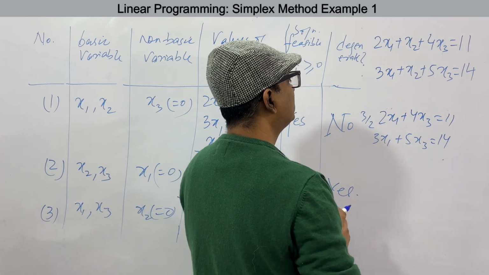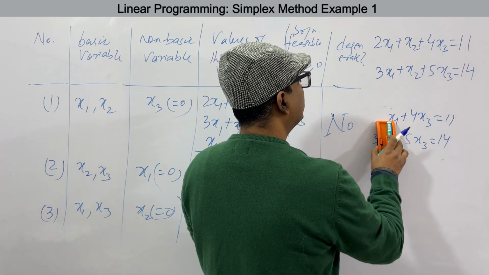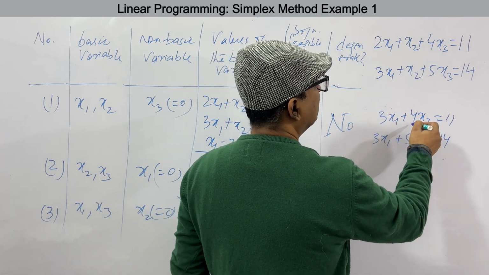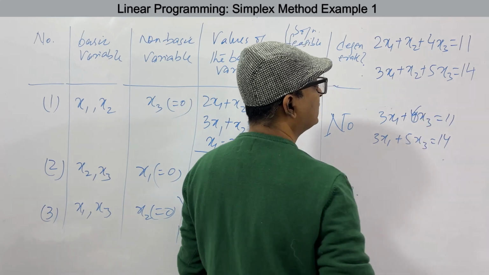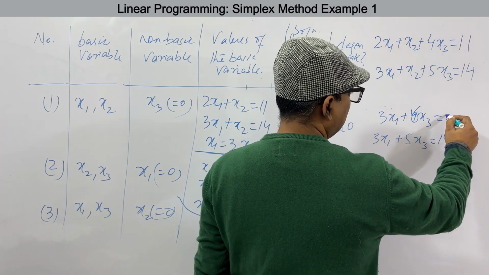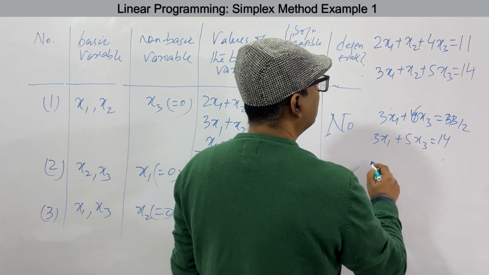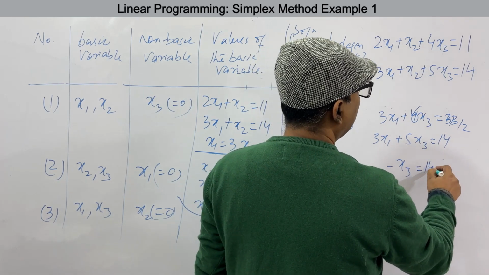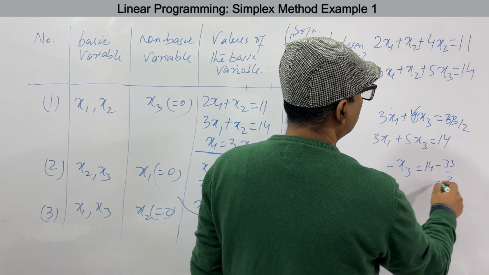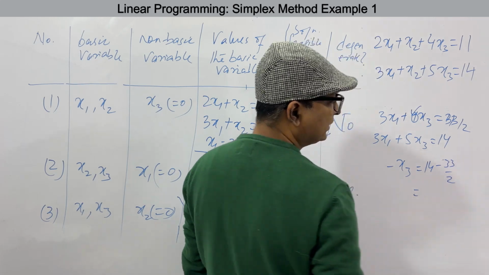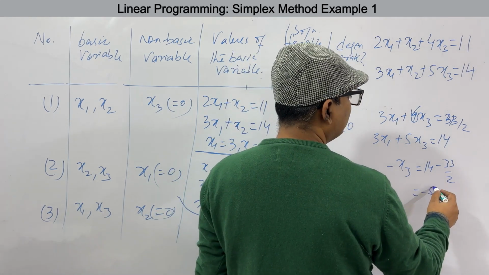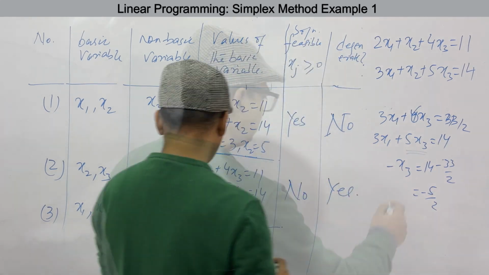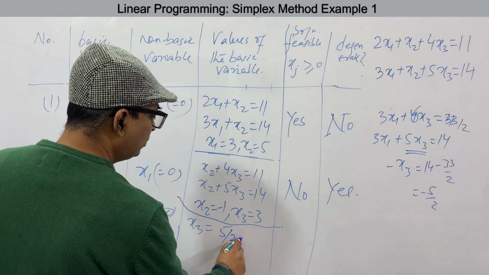So when you multiply this by 3 by 2, this becomes 3x1, and this becomes 6x3 and 33 by 2. And this minus this, that is minus x3, is equal to 14 minus 33 by 2. So this is 28 minus 33 by 2, that is minus 5 by 2. So x3 is 5 by 2.